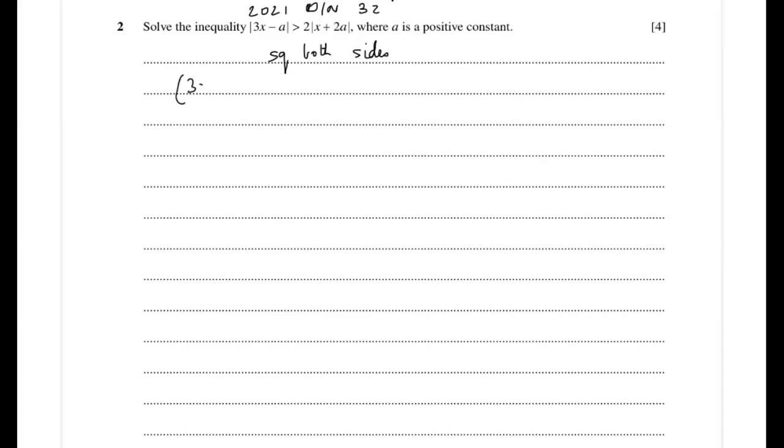3x minus a, the whole squared, is greater than, remember to square 2 as well, 2 squared, x plus 2a, the whole squared.